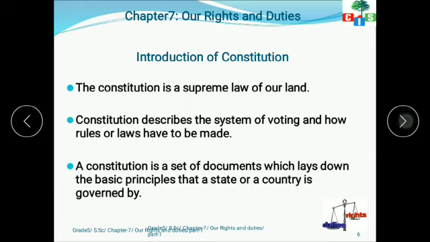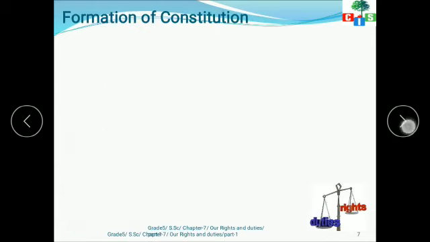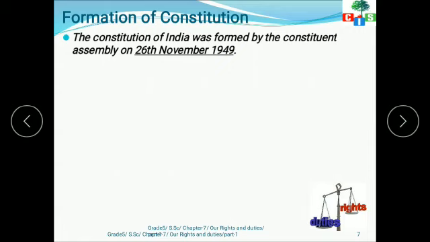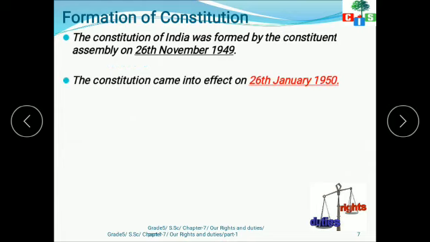Now let's see the formation of the Constitution. It is very important, and you must remember that the Constitution of India was formed by the Constituent Assembly on 26th November 1949, but it came into effect on 26th January 1950.